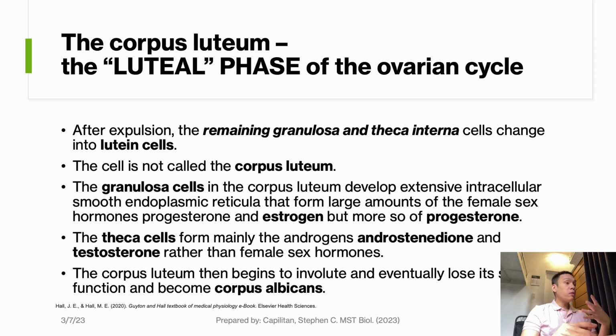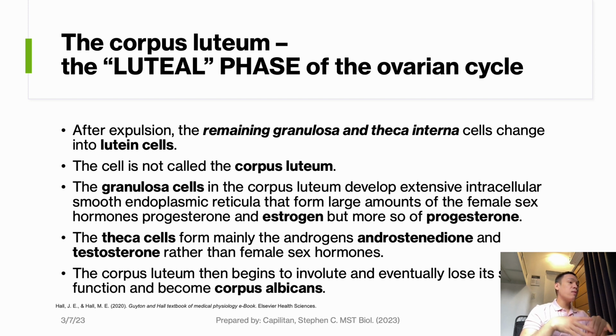Now we'll talk about the luteal phase. After expulsion, the remaining granulosa and theca interna cells change into what we call lutein cells. The cell is now called the corpus luteum. The granulosa cells in the corpus luteum develop extensive intracellular smooth endoplasmic reticula that form large amounts of the female sex hormones progesterone and estrogen, but more so of progesterone.